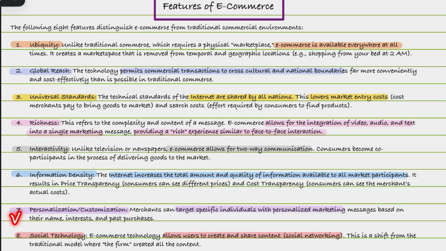Next we come to personalization and customization. So what happens, we can target specific individuals with personalized marketing over e-commerce. For example, you want to sell a product based on their name, on their browsing history, or their past purchases.